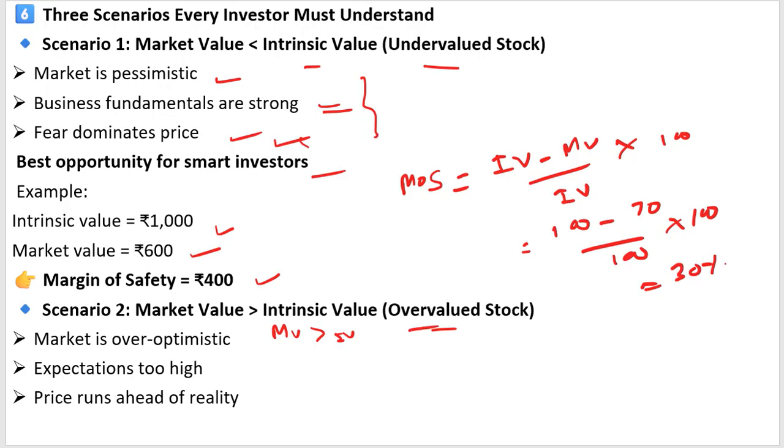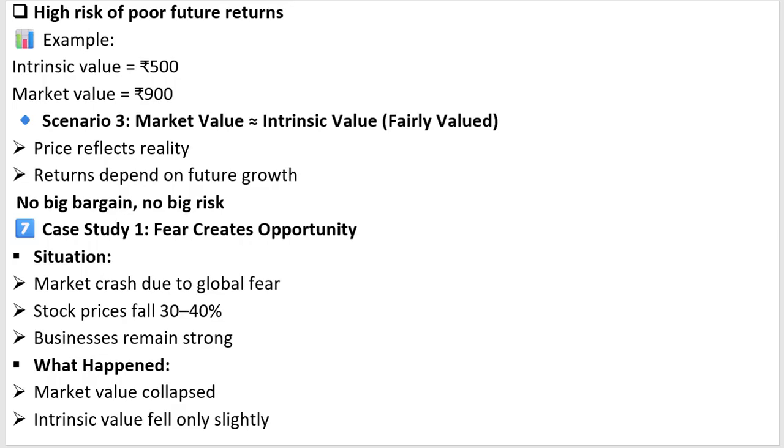The market is over-optimistic, asavadi, expectations are too high, and price runs ahead of reality, ahead of the IV value. The second scenario leads to a high risk of poor future returns.